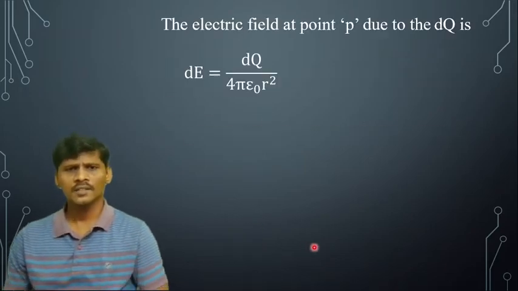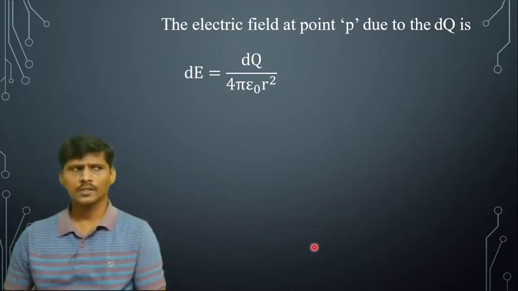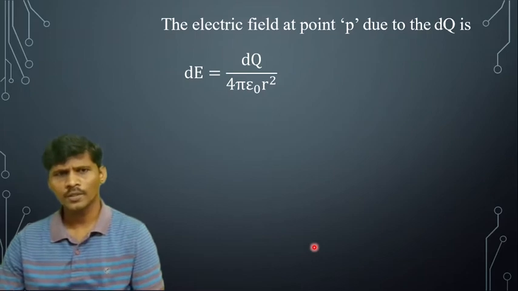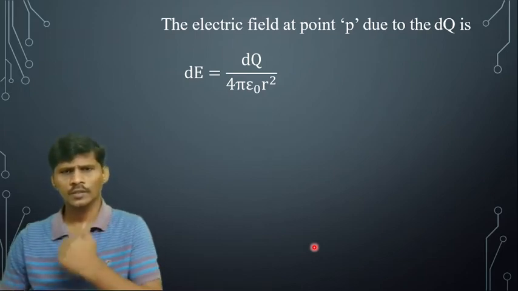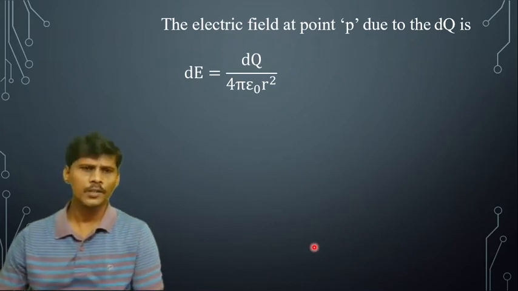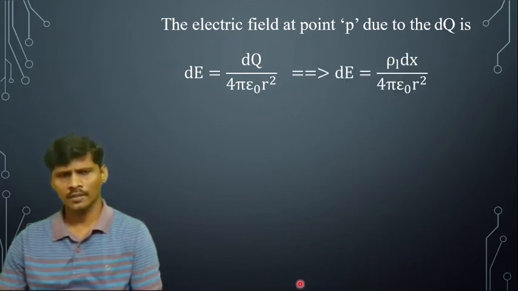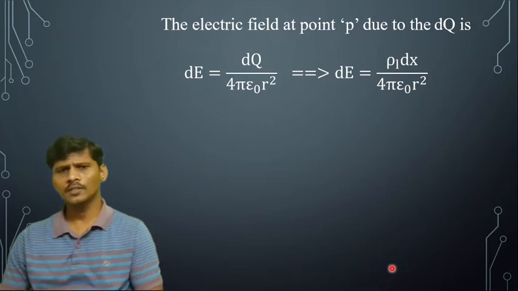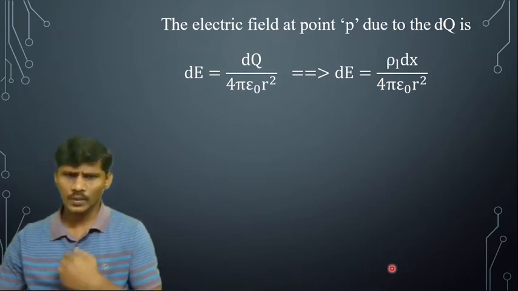Next, calculate the electric field intensity at a point P due to the differential charge dq. The differential electric field intensity at point P due to the differential charge dq is dE equal to dq by 4 pi epsilon naught r square. What is the elementary charge dq? It is rho L into dx.